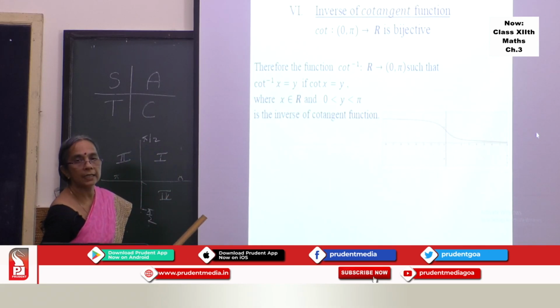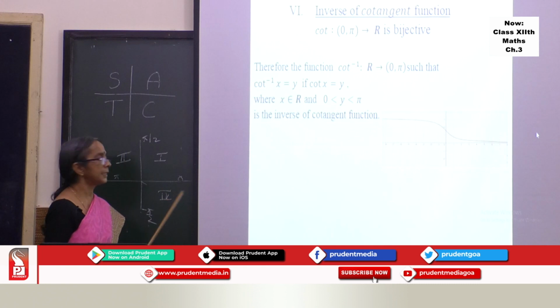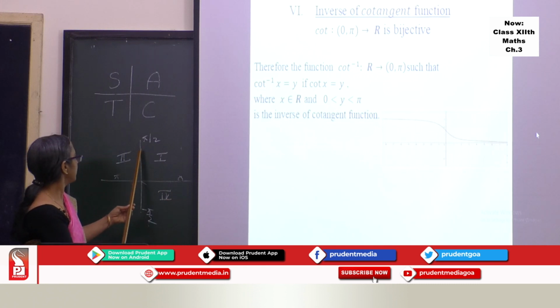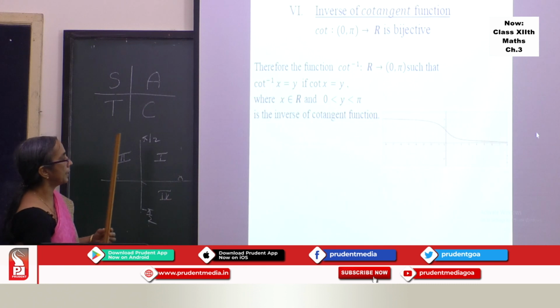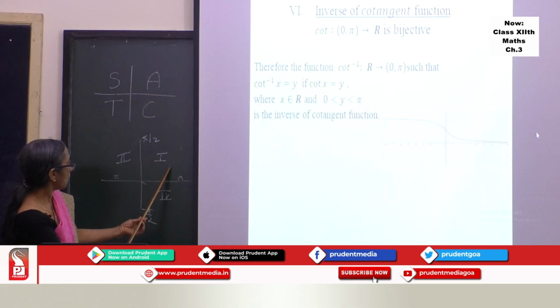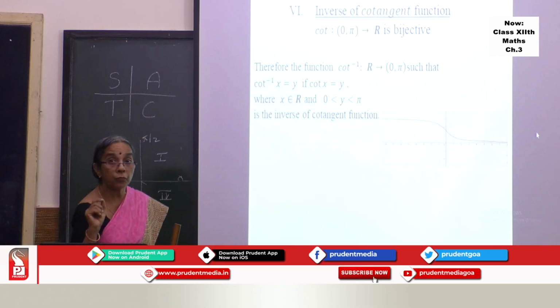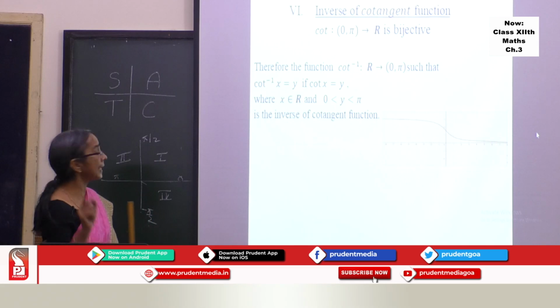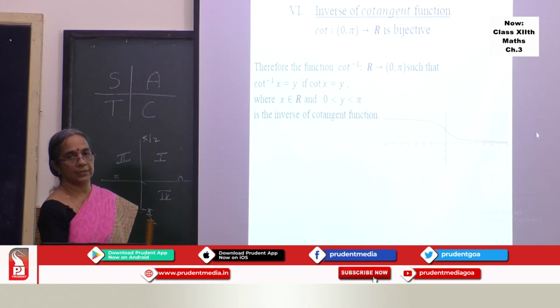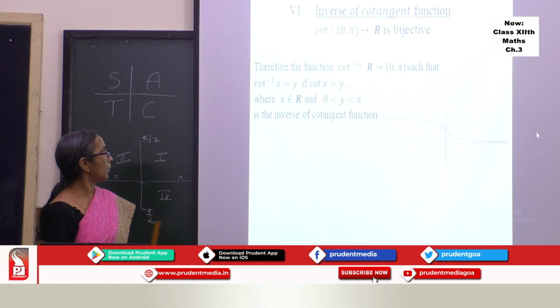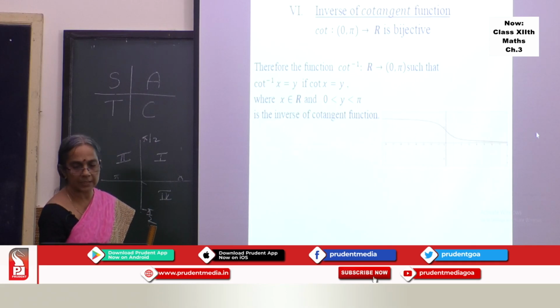It is like cos inverse: cot inverse of a positive value is in the first quadrant, and cot inverse of a negative value is in the second quadrant, like cos inverse, not like tan inverse.